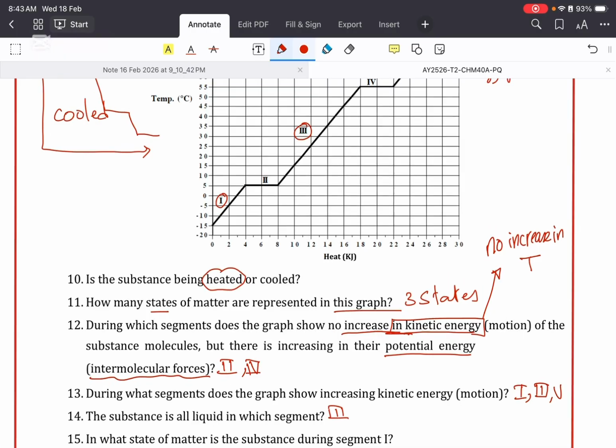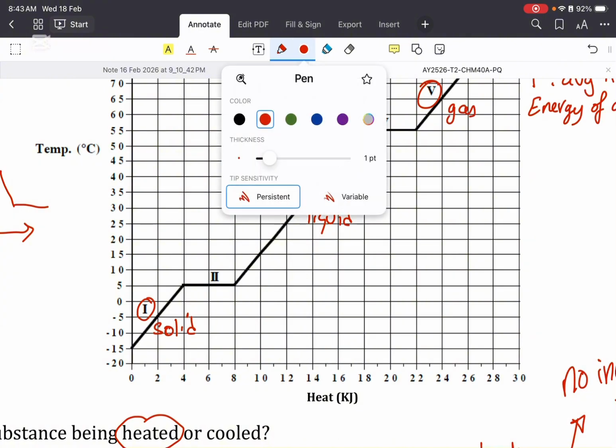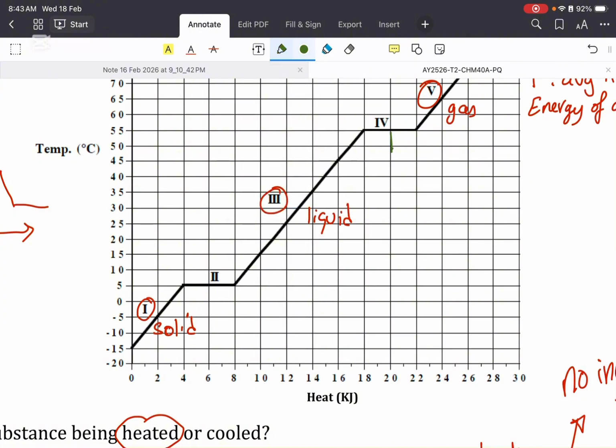In 3. So here all I have is solid. Here all I have is liquid, here all I have is gas. But in this part of the segment, I have liquid and gas together. And in this segment, I have solid and liquid together.